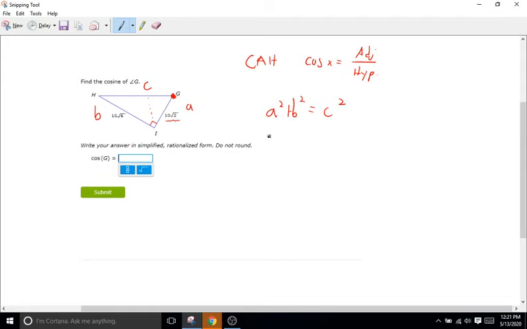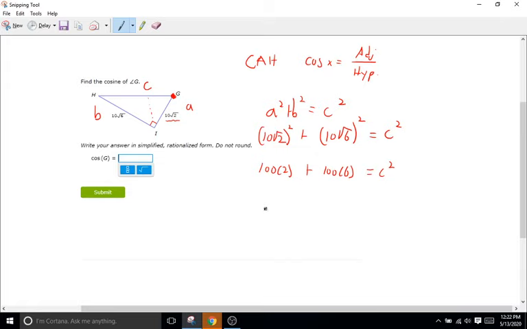Okay, so we'll start plugging numbers in. So 10 square roots of 2 all squared plus 10 square roots of 6 all squared equals c squared. Okay, now we solve. 10 squared is 100, and then square root of 2 squared is just 2, so times 2, plus 10 squared is 100 times the square root of 6 squared is just 6, then equals c squared.